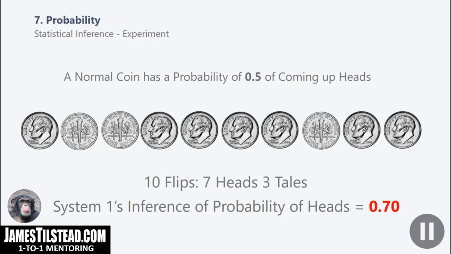If this wasn't a coin, but perhaps, I don't know, a pebble, that is exactly what System 1 would infer. But because you do know what the probability is with coins, and you are already familiar with this, and this is the key here, in this situation, you accept that in order for that 50-50 probability to play out, we need to flip that coin many, many more times, not just 10.